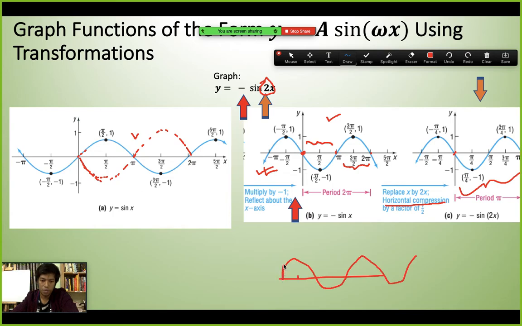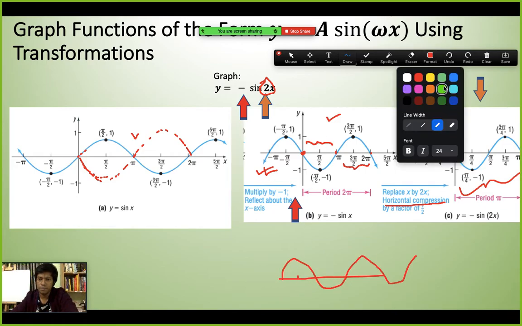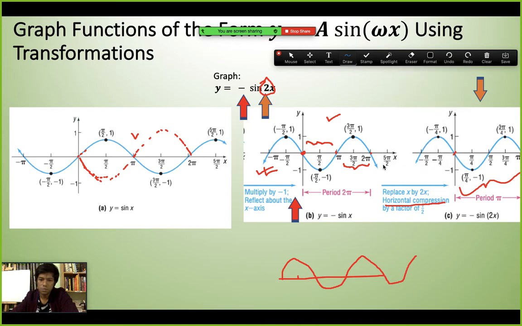Suppose now we can have more waves within this space. Okay, so you see almost double, our wave is double here within this space. Can you see? Let me draw it in another color. So here, here, here, here, here, here.